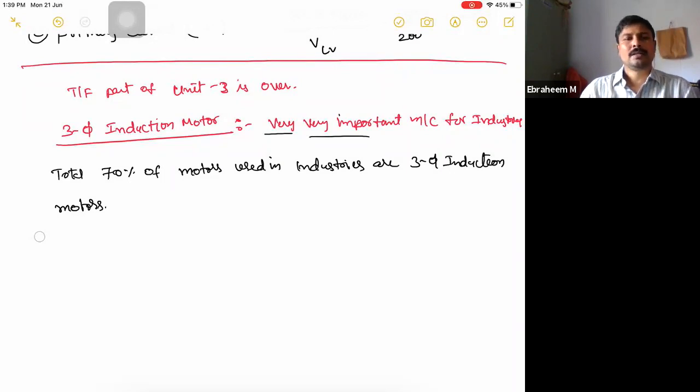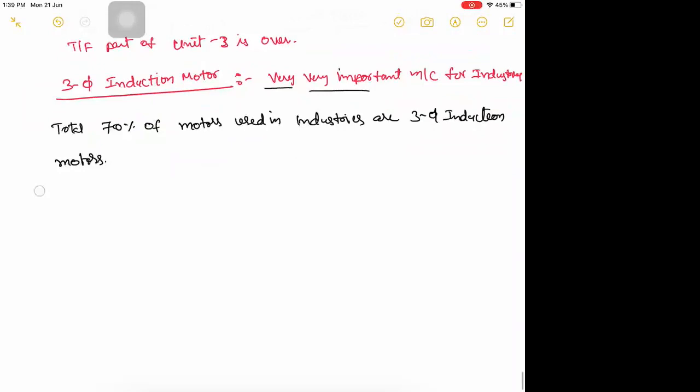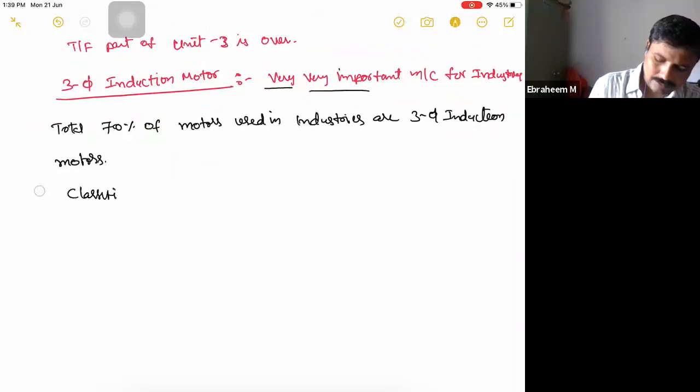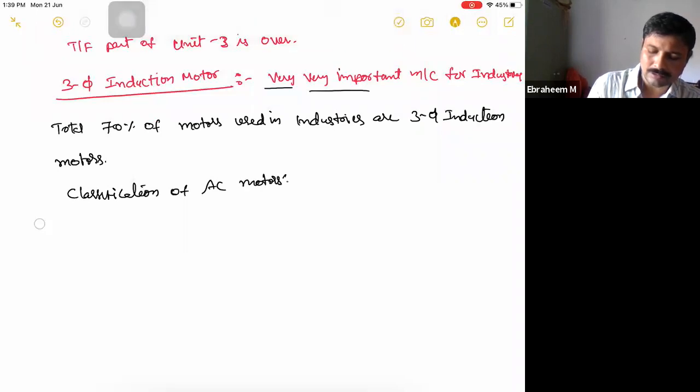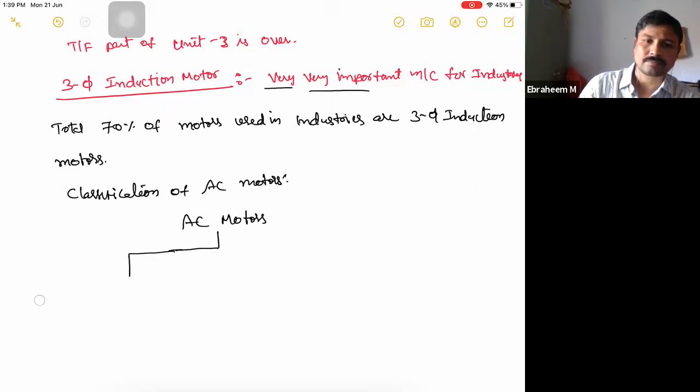Okay. So here, if we see the classification of AC motors, under the category AC motors you have synchronous motors.